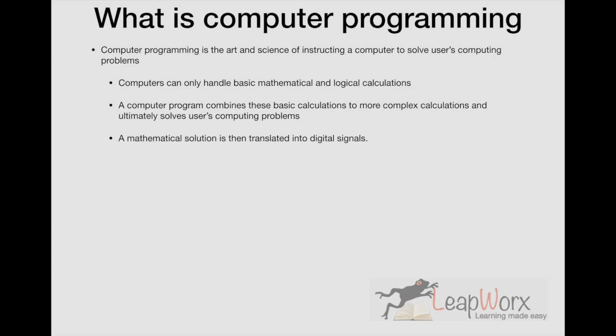The instructions you feed into the computer and what the computer does internally is always mathematical calculations. But the results of those mathematical calculations can be converted into certain digital signals.